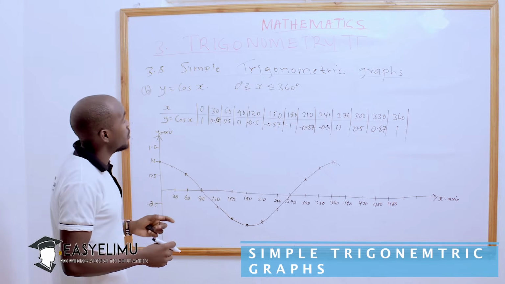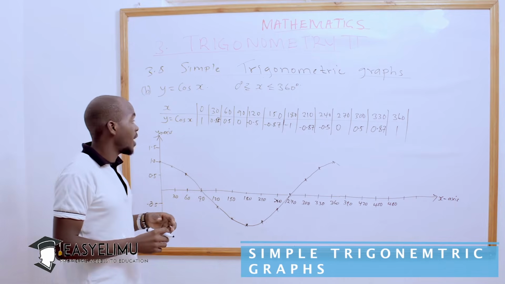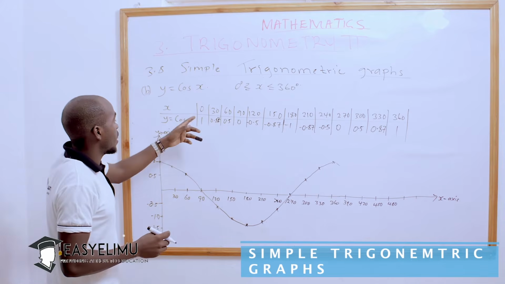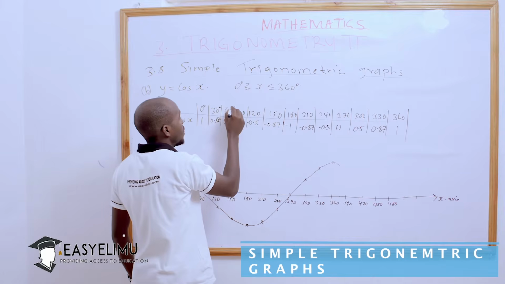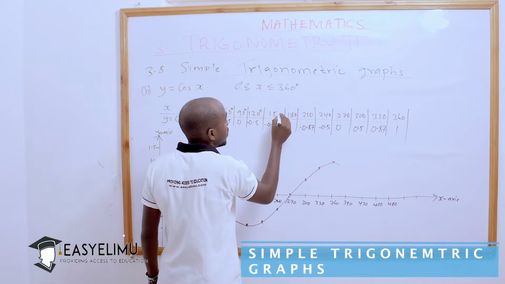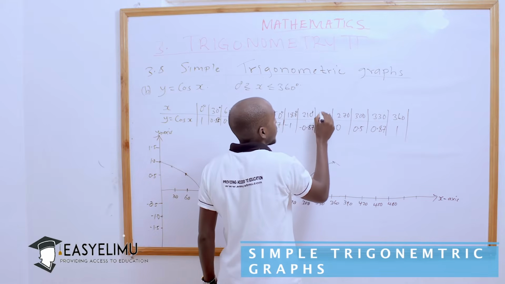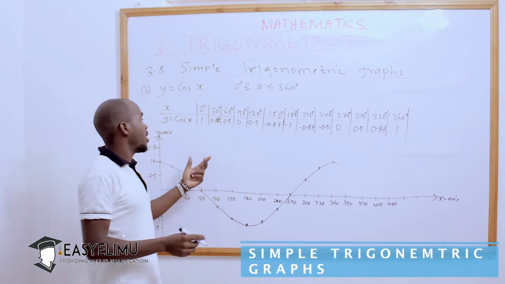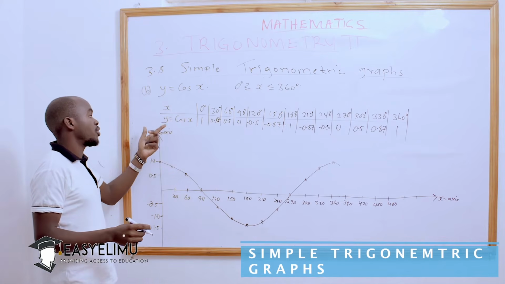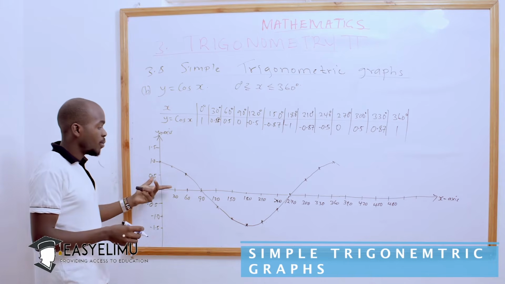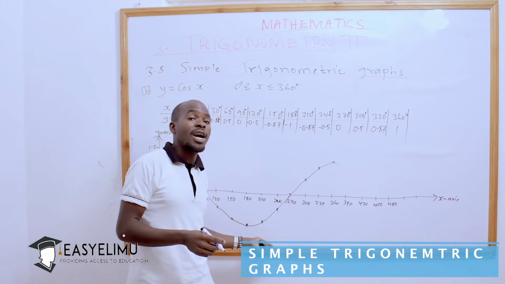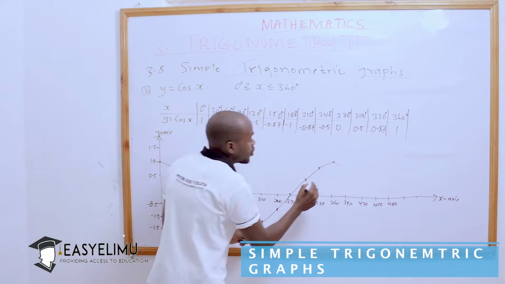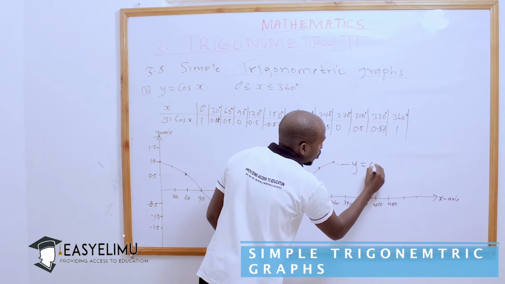I have done that through an interval of 30 degrees, and I have found the value of y equals cos x with regard to x given as 0, 30, 60, 90, 120, 150, 180 degrees, and so on up to 360 degrees. I have found the corresponding respective values, and on plotting the graph on a Cartesian plane, you will have a graph which resembles what I have here. So this is what I'm referring to, y equals cos x.